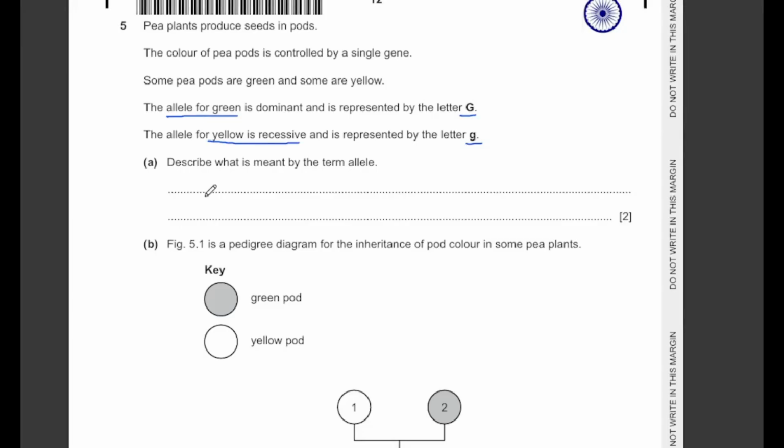Alleles are nothing but alternative versions. Version of what? Gene. So we write here alternative forms or versions of a gene. That's it.